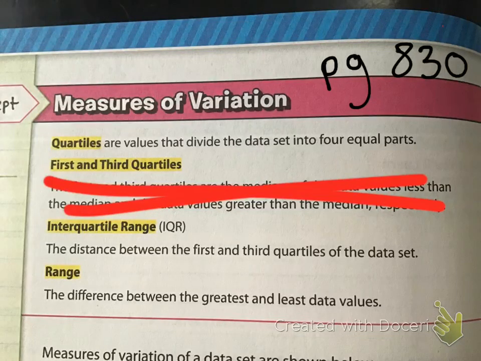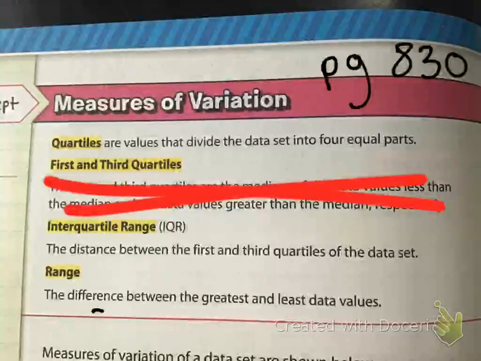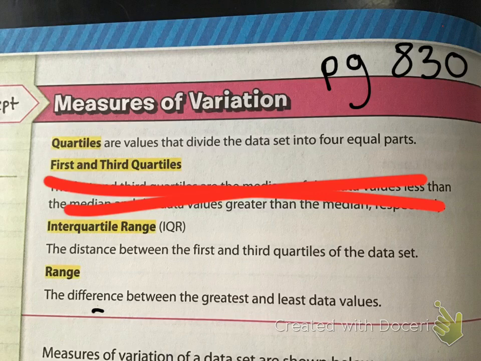I'm going to have you write down a new one later. Interquartile range. This makes sense. It's the distance between the first and third quartiles of the set. And then the range is the difference between the greatest and least values. Difference means subtraction, so we have our biggest number minus our smallest number.